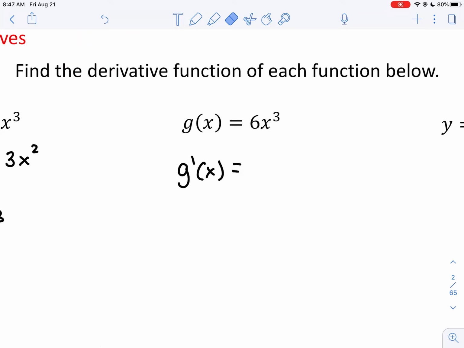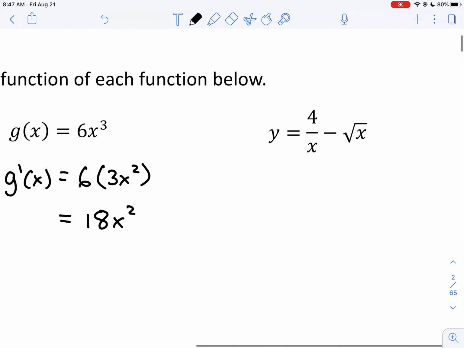So this is constant times function. The 6 will stay, and you're just going to put next to it the derivative of x cubed, which is 3x squared. So when you simplify this, you just get 18x squared. In other words, the 3 just multiplied to the 6 that was already there to make an 18, and then the power dropped from 3 to 2.